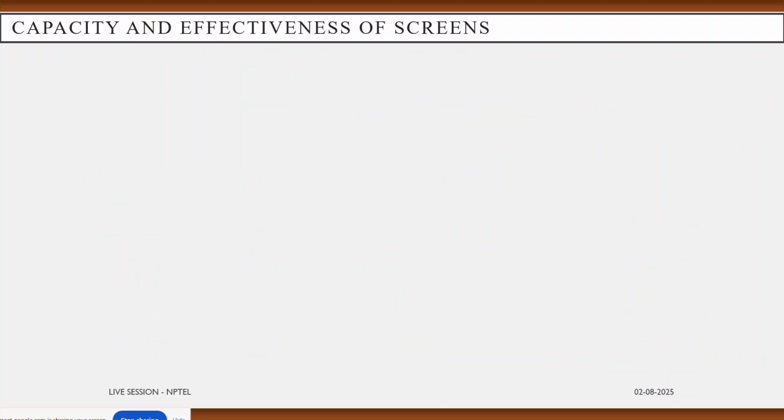So we will move on to the next topic, that is the capacity and the effectiveness calculation for the screens.